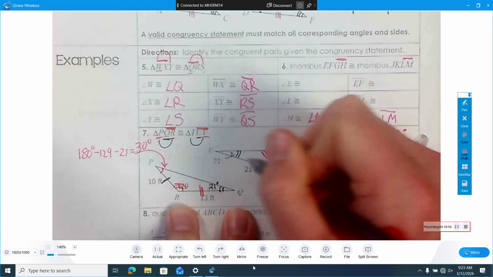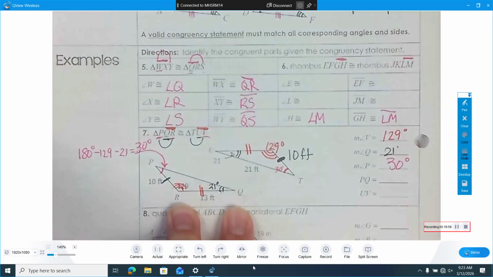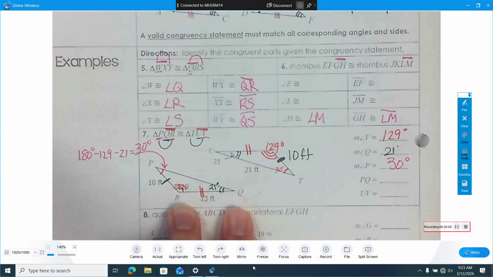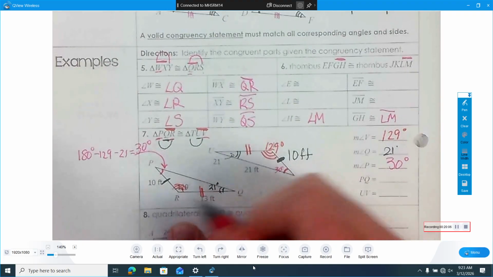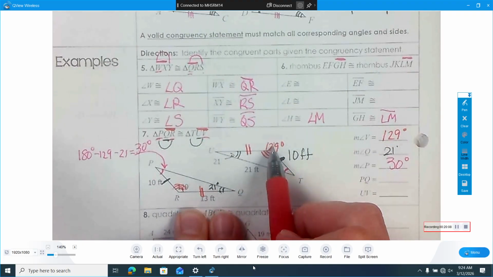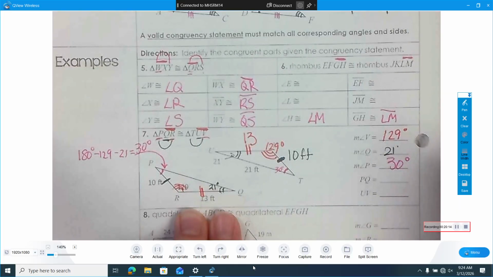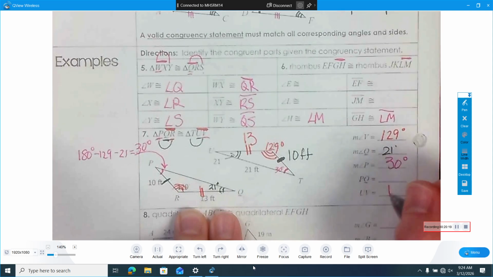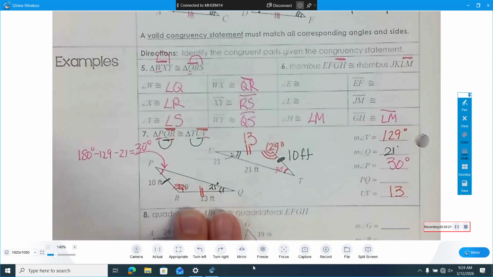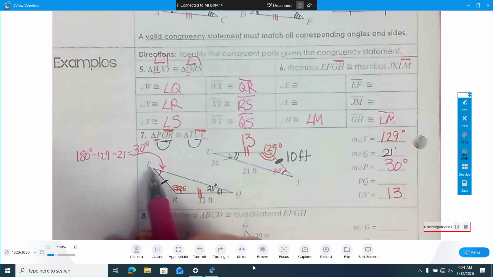So RQ corresponds to UV. Are you seeing it? Okay. All right. So if RQ is 13, what is VU? 13 as well. Okay. So UV is 13.